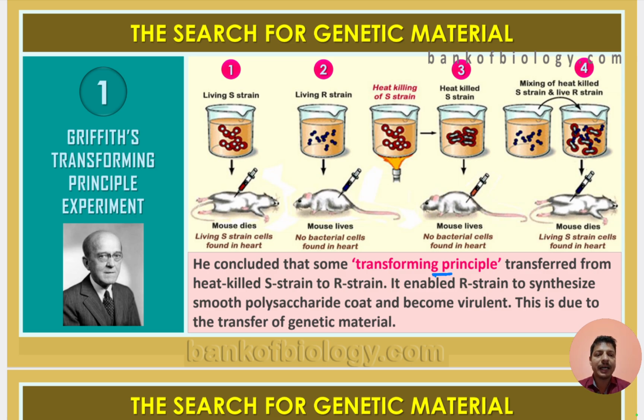It enabled the R strain to synthesize the smooth polysaccharide coat and become virulent, because initially the R strain is non-virulent, but when he added the heat killed S strain to the R strain, it became virulent. This is due to the transfer of genetic material.